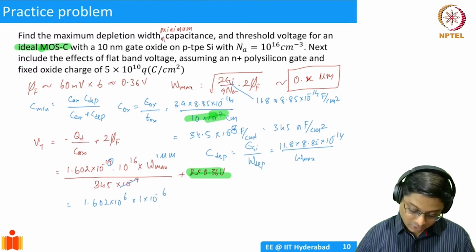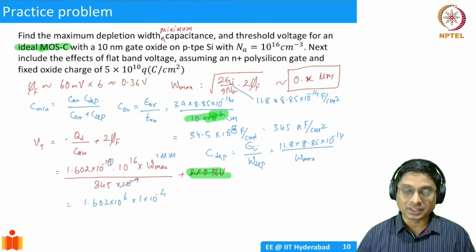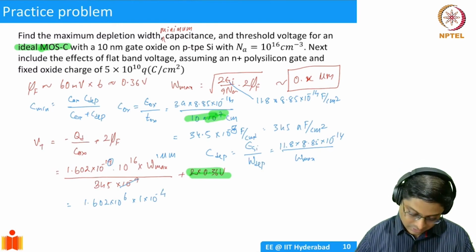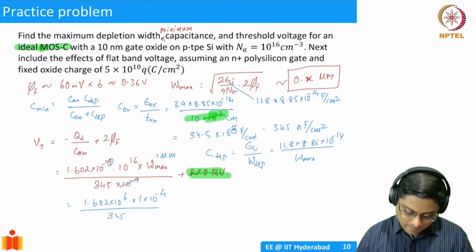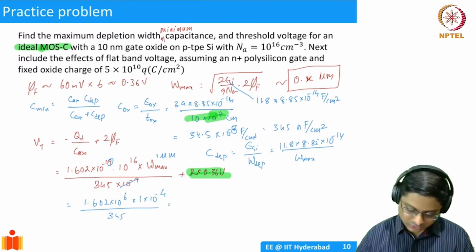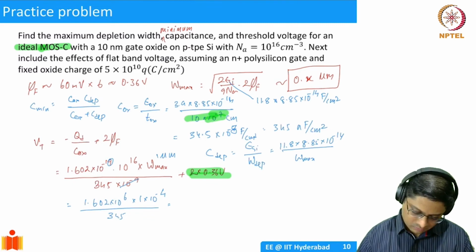No, we can't put 1 micron as 10 power minus 6. We have to put it as 10 power minus 4, because it's centimeters. Okay, divided by 345. So this will be, if I take this as, this will be 2 orders, right? So I'll take it as 160, divided by 345, about 1/2.